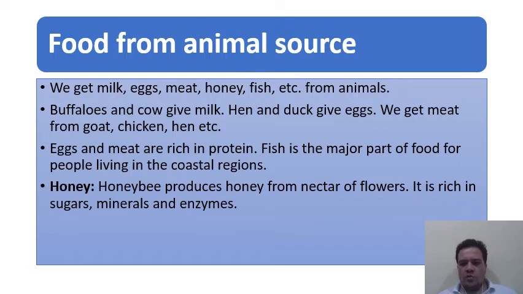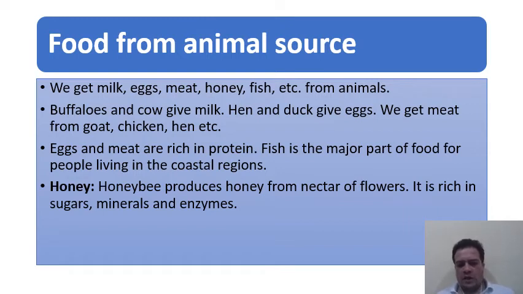So the animal source is also important and plays an important role, because many humans are dependent on the animal source of food, isn't it? They are dependent on egg, meat, which are very rich in protein, and in some regions like coastal areas, fish is the major part of food for people.